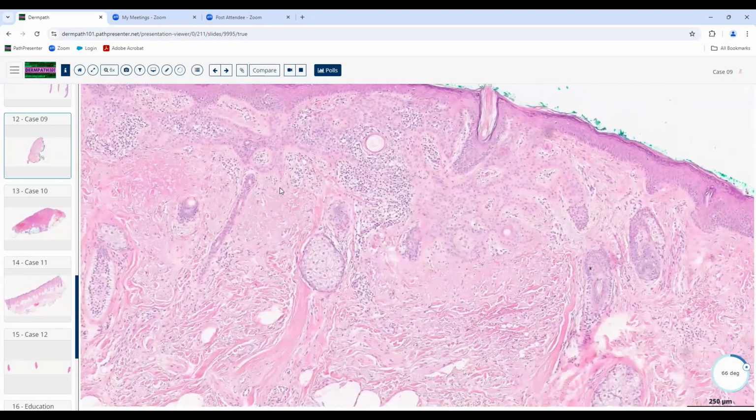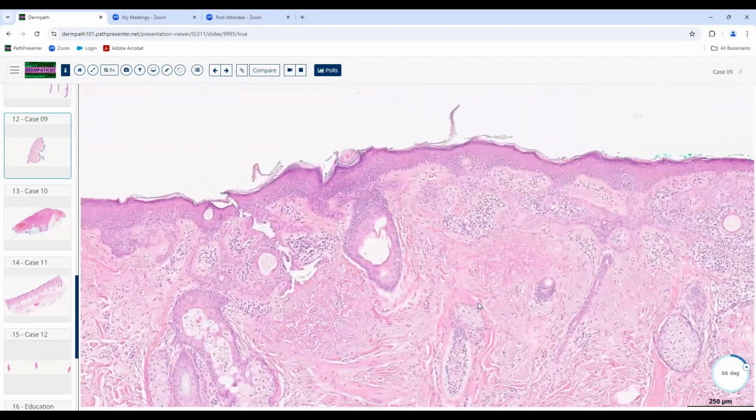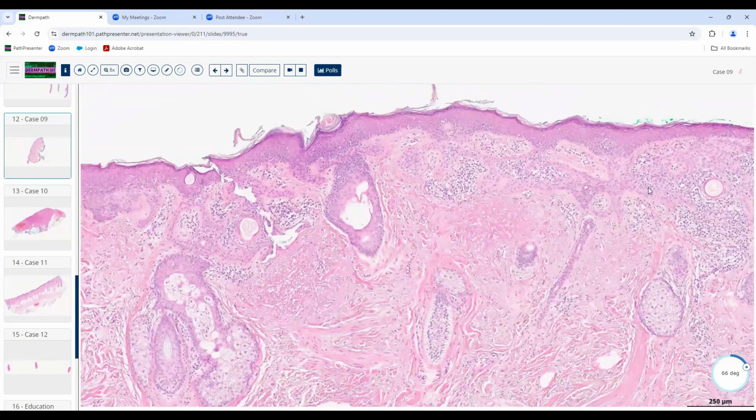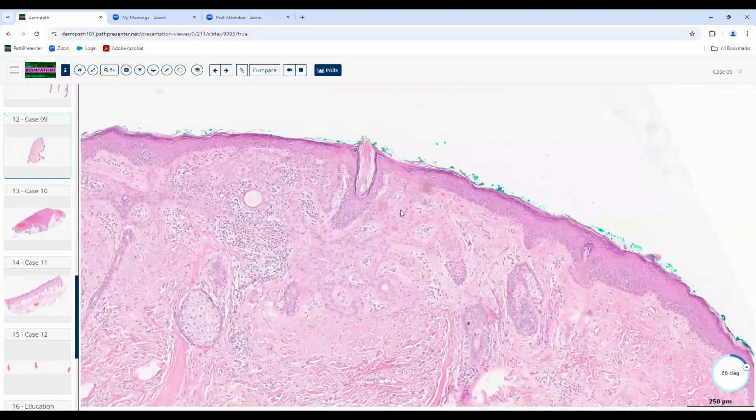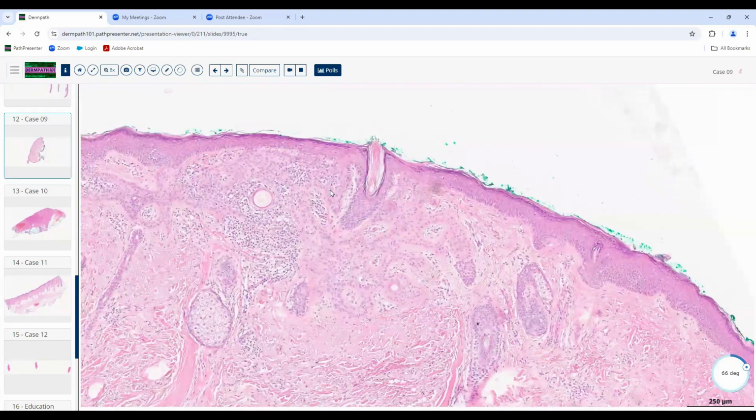Then we've got the isthmus of the follicle, which lives between the infundibulum and the inferior portion, kind of around here. And then we've got the area where this little neoplasm developed from, the so-called mantle zone of the follicle. And that's a stem cell area that lives in this zone between the infundibulum and the inferior portion of the follicle. These cells right here.